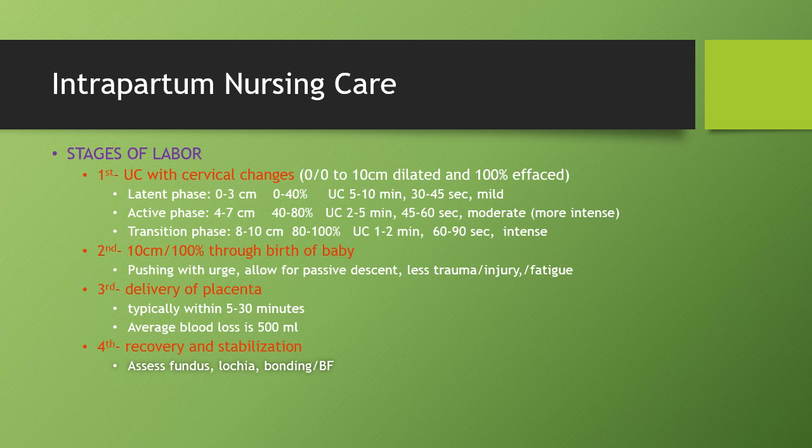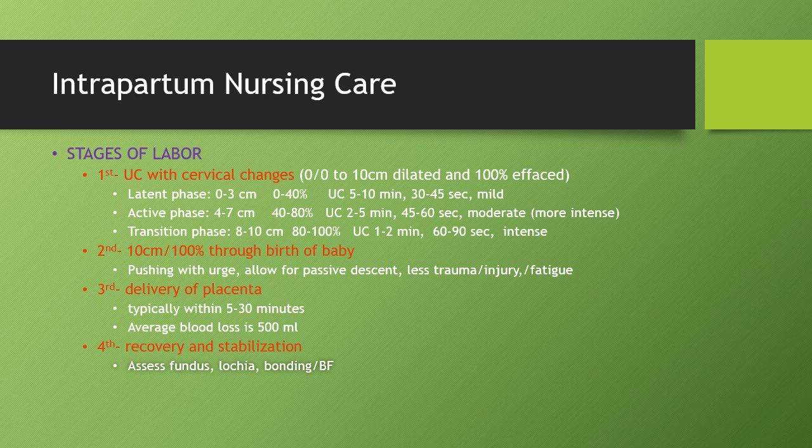And uterine contractions are happening kind of infrequently, every 5 to 10 minutes, and lasting about 30 to 45 seconds. They're mild, so again, about the strength of your nose. In the active phase, the contractions start happening a little more often, about 2 to 5 minutes, lasting 45 to 60 seconds, and they become moderate, so the firmness of about your chin.